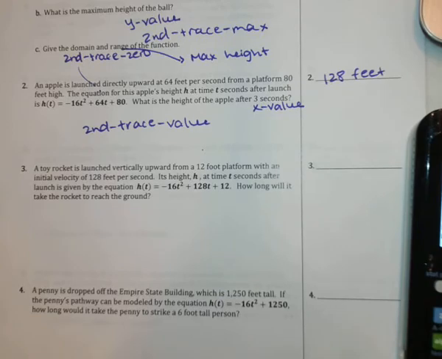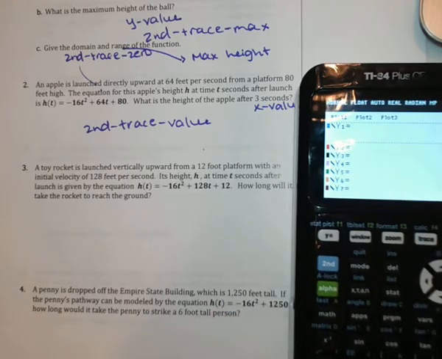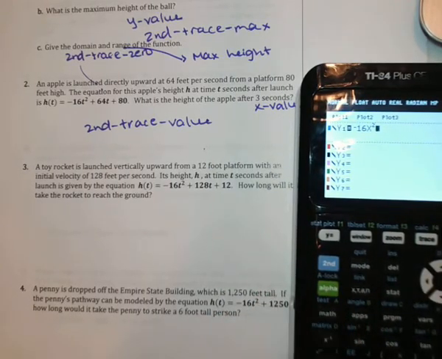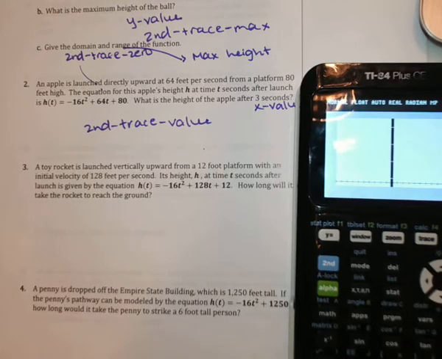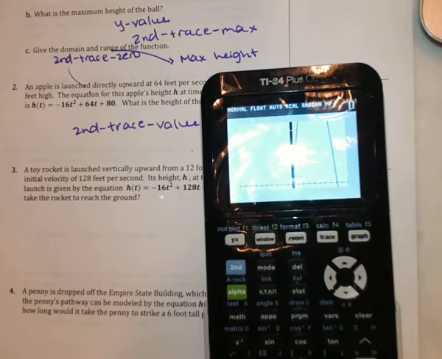Let's go back, clear out our function, and type in your new graph. Number 3 is a toy rocket. Let's see if our window will work. Go ahead and press graph. Mine's still graphing, but it looks like the window will not work.